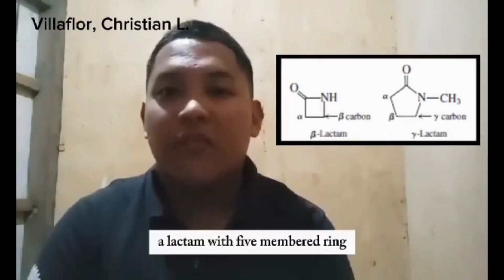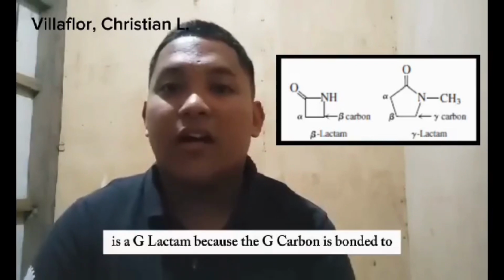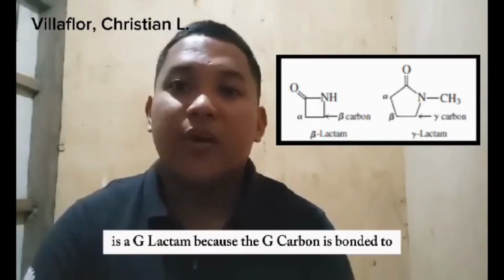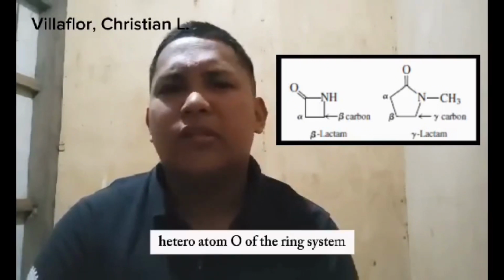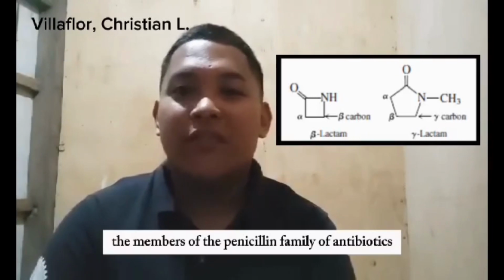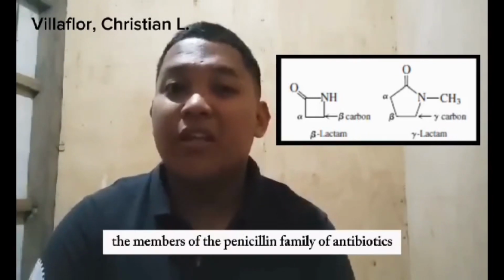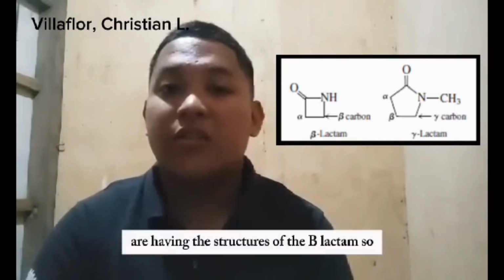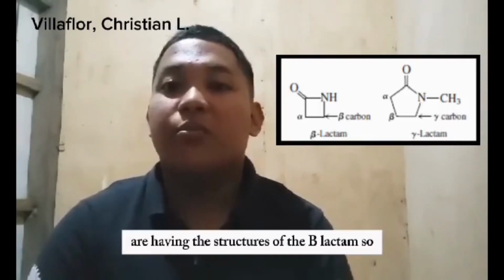A lactam with a 5-membered ring is a γ-lactam because the γ carbon is bonded to the heteroatom of the ring system. The members of the penicillin family of antibiotics have the structure of a β-lactam. So, that is an example of a β-lactam. Penicillin contains it.